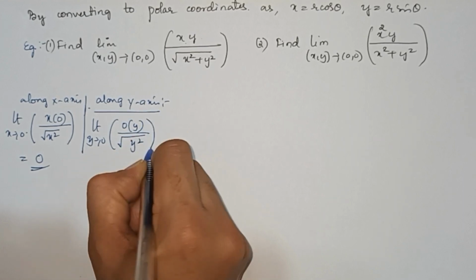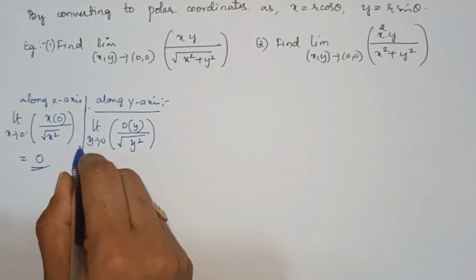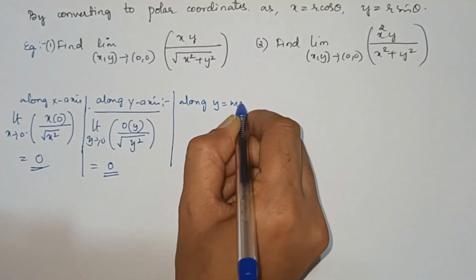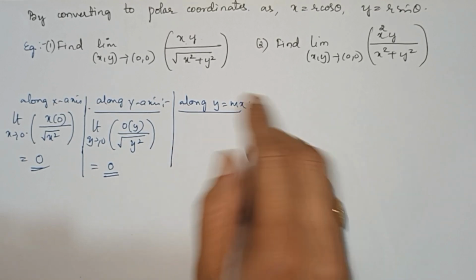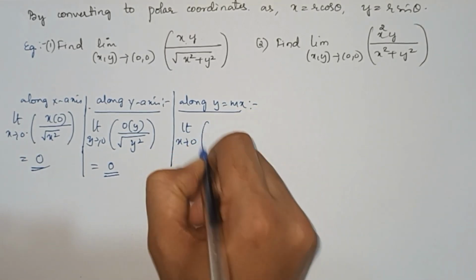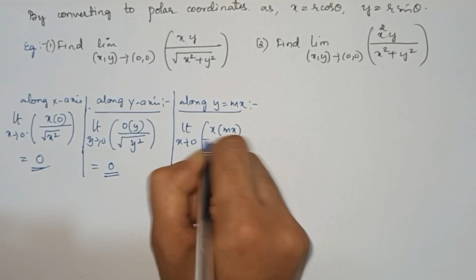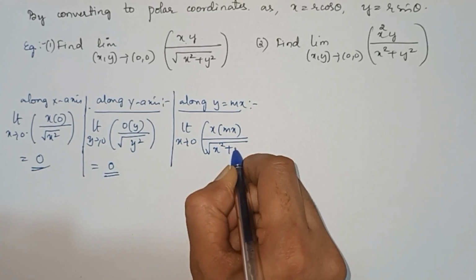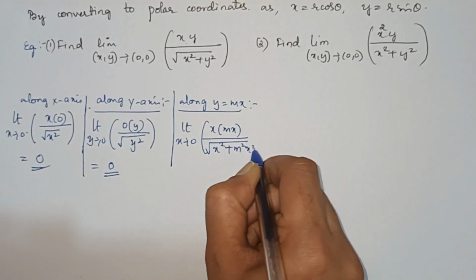X equal to 0 means y square. That also gives you 0. Now along the line y equal to mx, or just y equal to x, anything is fine. So we will have limit x tends to 0, x into mx divided by square root of x square plus m square into x square.